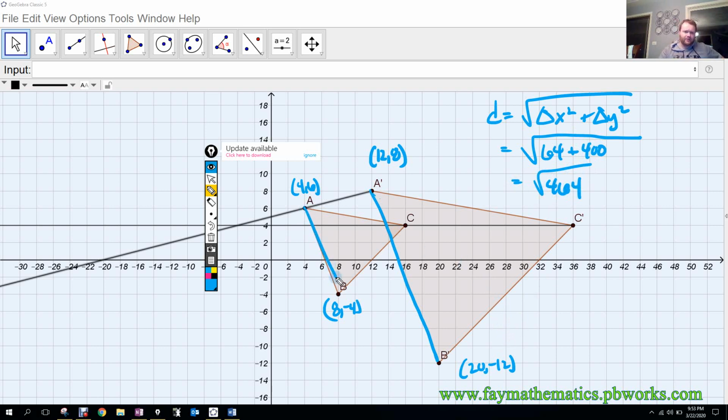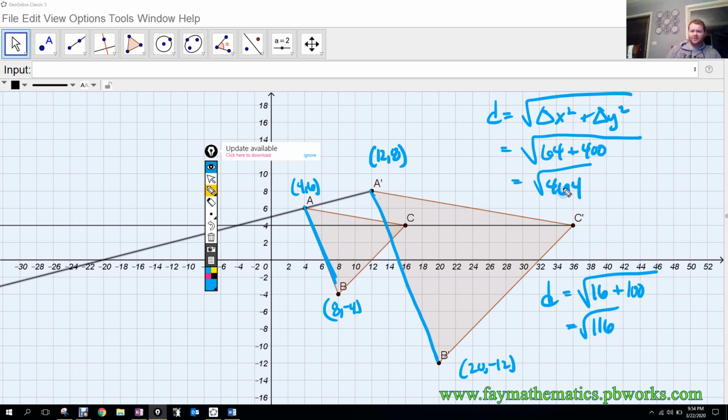Now I'm going to do the same thing for A to B. So that distance will be, subtract the x's, so 4 squared ends up being 16. 6 minus -4 would be 10, so essentially add 6 and 4, get 10. Square that, you get 100. So now you get 116 underneath the square root.